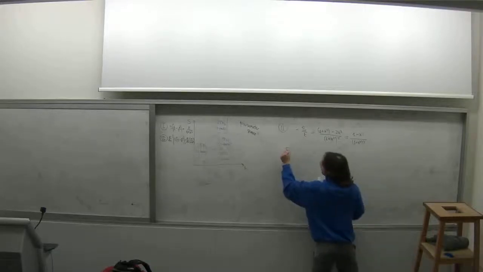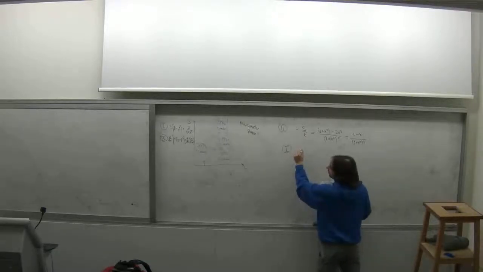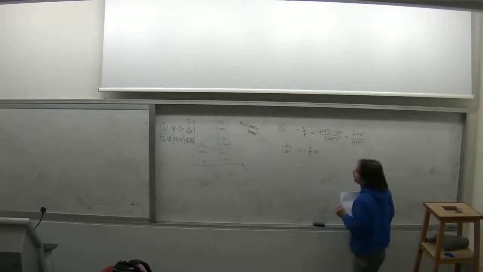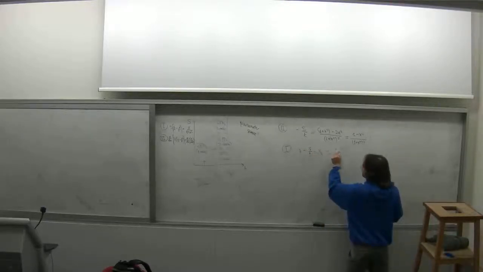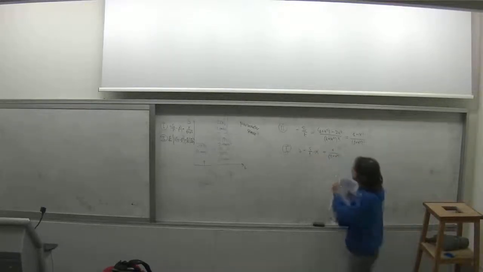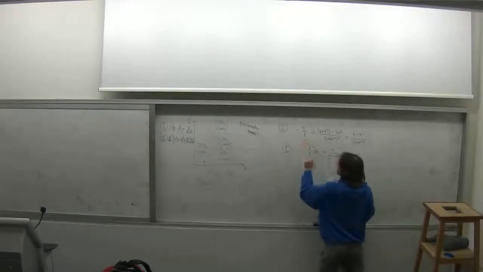So I open the parentheses and I get s minus s over k times x equals x over 1 plus x squared. This I have here.